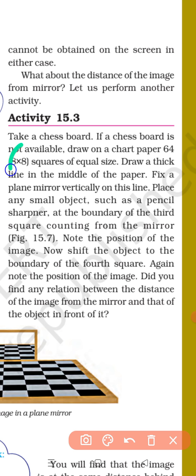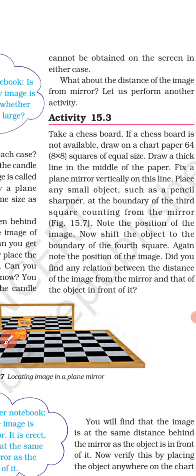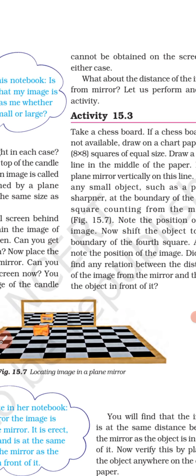That is 8 by 8. So draw a thick line in the middle of the paper. Fix a plane mirror vertically on this line, as you can see over here. Chessboard is taken. In one of the lines, you have to place the plane mirror vertically. Okay, just like this.